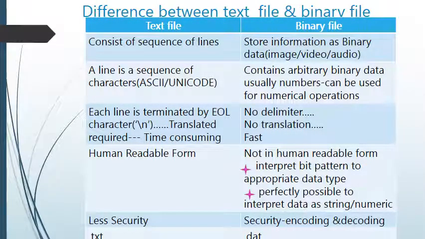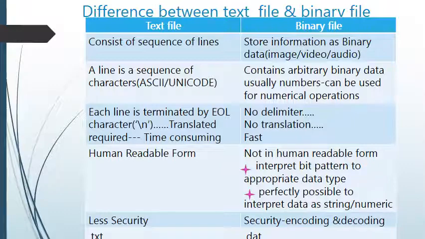Now we are going to see the difference between text file and binary file. In a text file, your information is stored as a sequence of lines. A line is a sequence of characters, and those characters will be in the form of ASCII or Unicode.